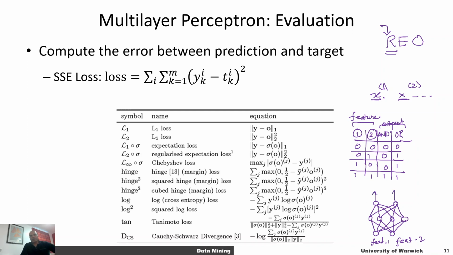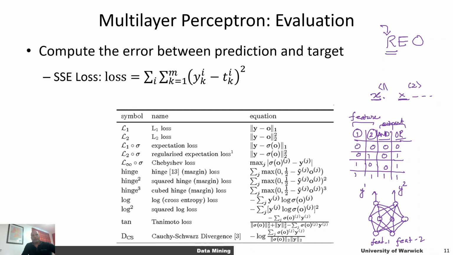In terms of notation, we are going to call the output for a given example, if this is the first output, y1. And this is going to be y2. We've got two outputs, one corresponding to AND and one corresponding to OR.